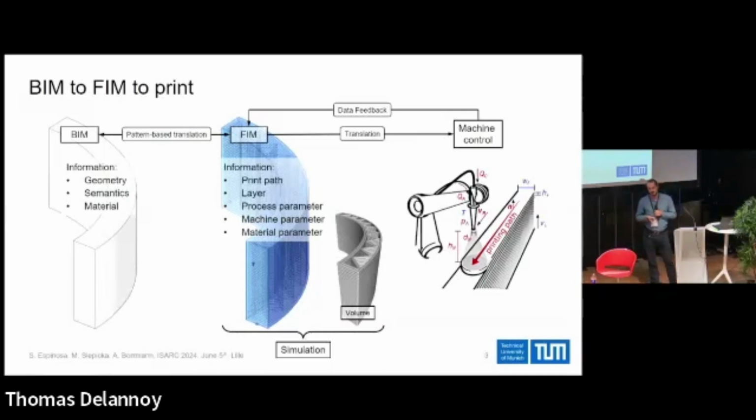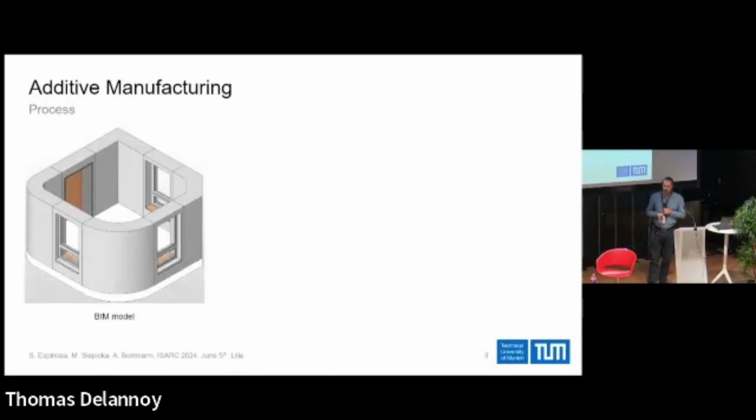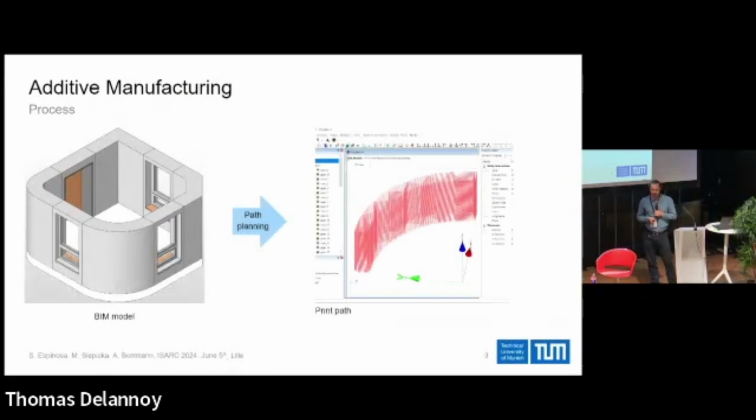And add a lot of other information that is necessary for the fabrication model. And what you can see here is actually that we decided on using the IFC data structure.